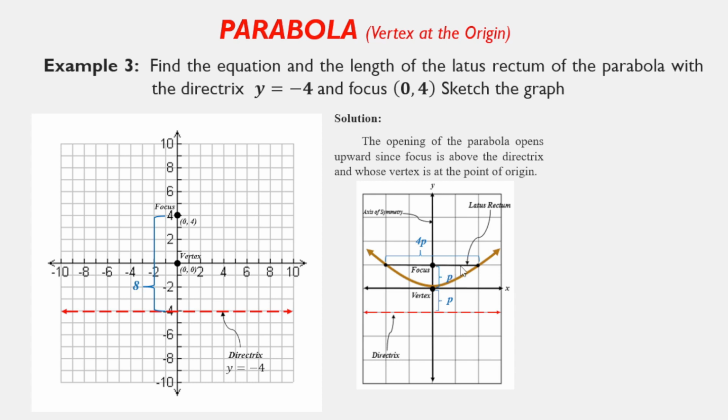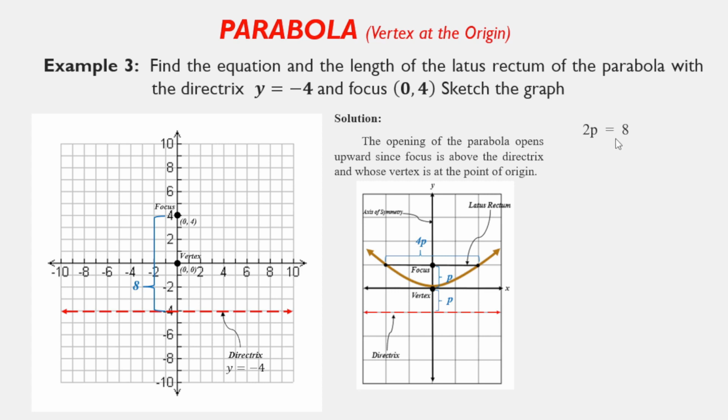So if you sum up all the distances from the focus to the directrix, that is equal to 2p. In the given problem, the distance from the focus to the directrix is 8 units, so we equate 2p is equal to 8.